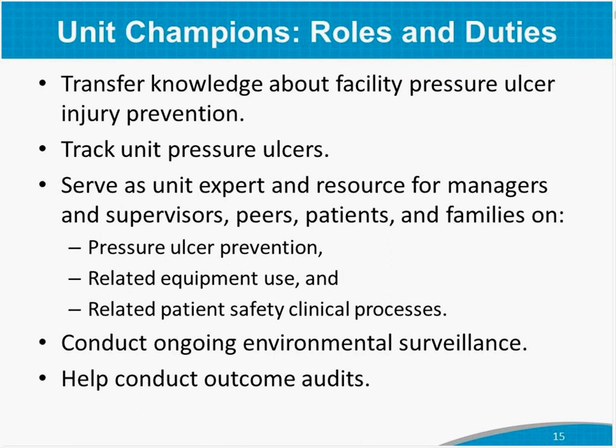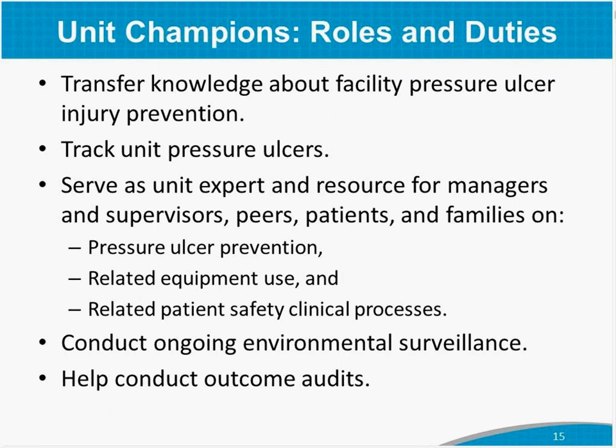So everybody's not going to know all of them, but the unit champion can help others on their unit know about the latest practice that will help prevent pressure ulcers on their unit. They'll be involved in tracking the numbers on their pressure ulcers and make sure that everybody knows what that number is.